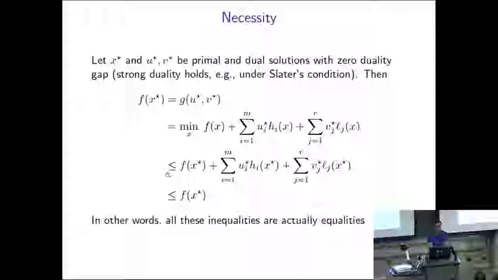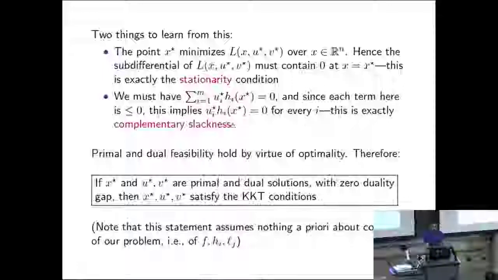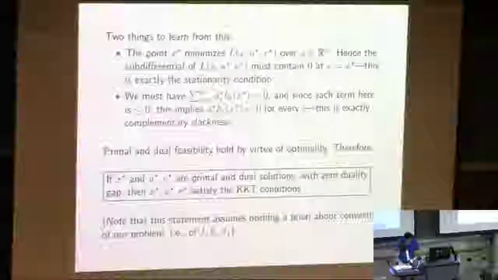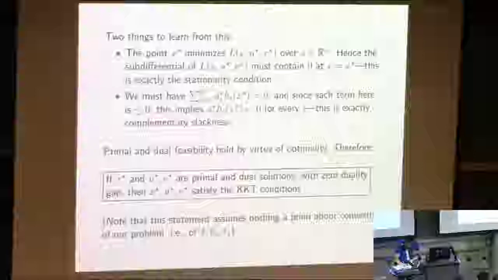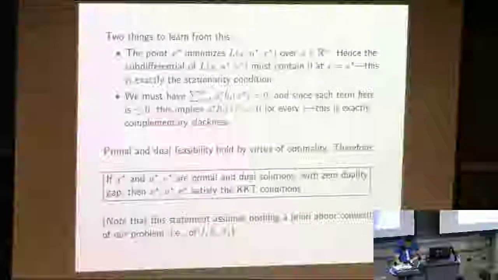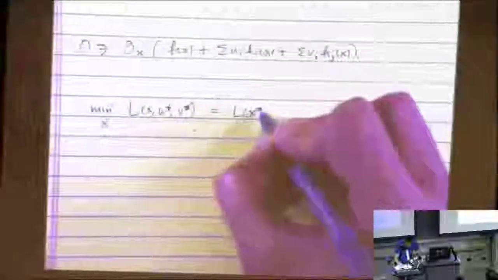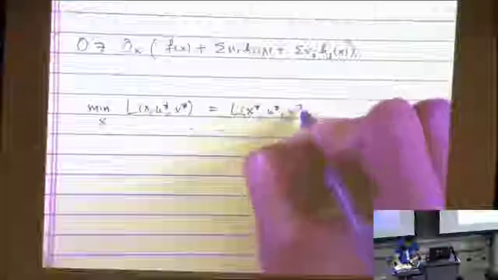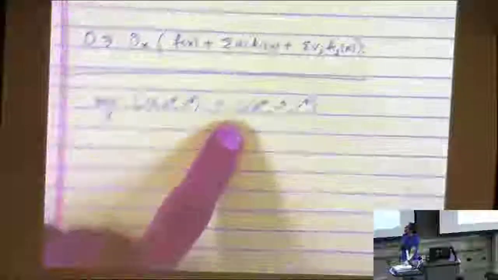Let's look at this first inequality. We can write it as the min over all x of L(x, u star, v star) is equal to L(x star, u star, v star). That was an inequality that we knew is now an equality.